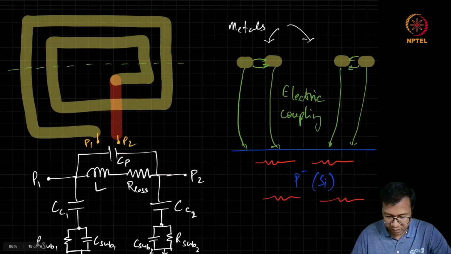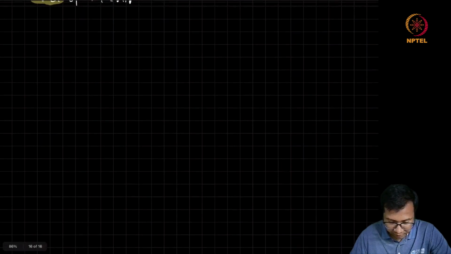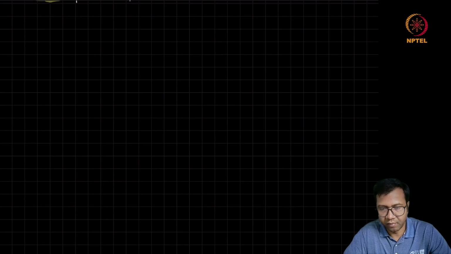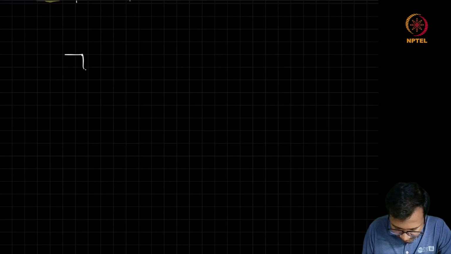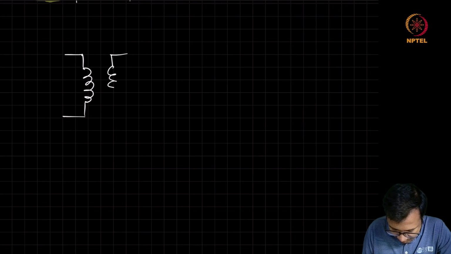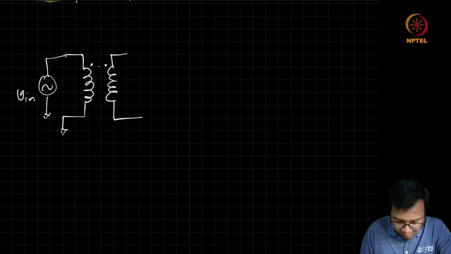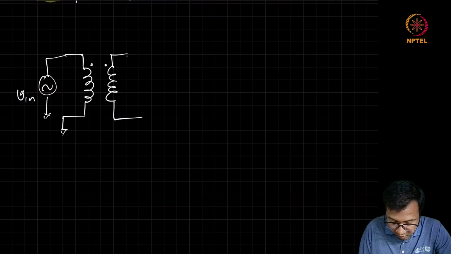Now we have got some idea about these planar inductors. We can as well talk about coupled inductors, or many times these coupled inductors are used to design baluns. So this balun requirement is that we may have a single-ended input needs to be converted into a differential output.